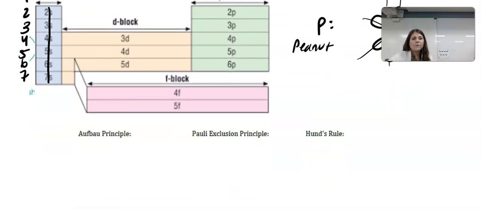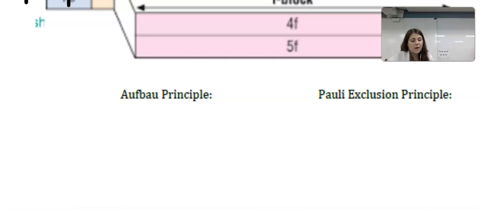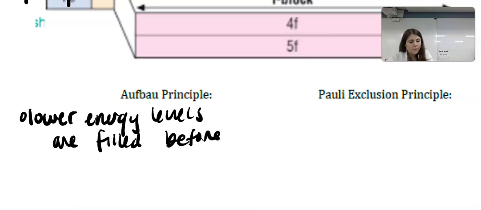All right, there are a few principles and rules that I want to talk about before we start some problems. The first one is the Aufbau principle, which states lower energy levels are filled before higher energy levels.